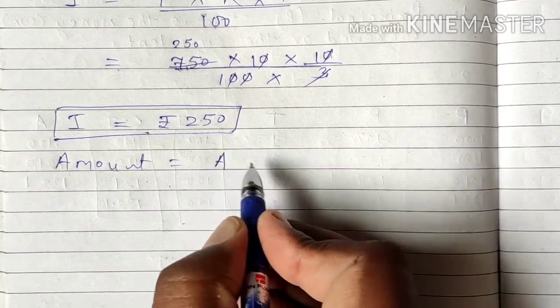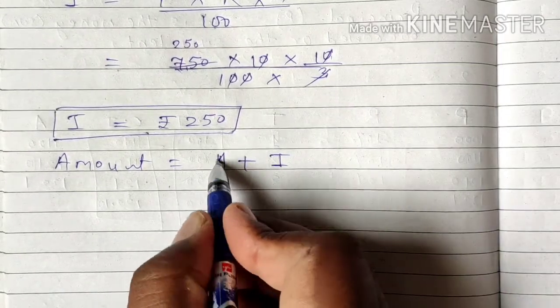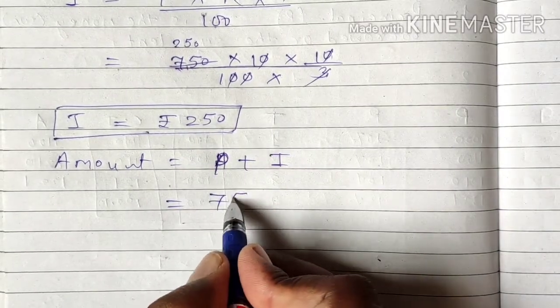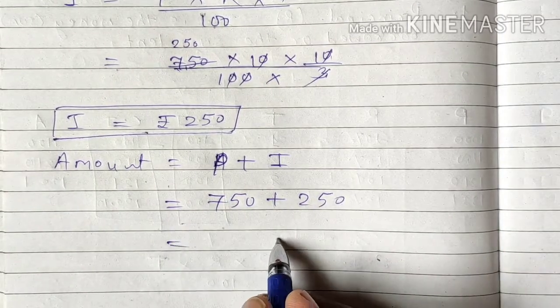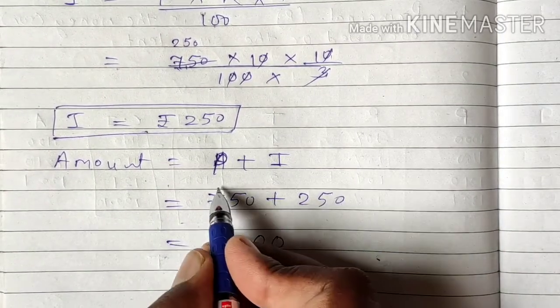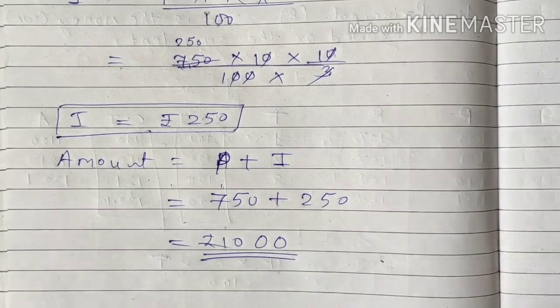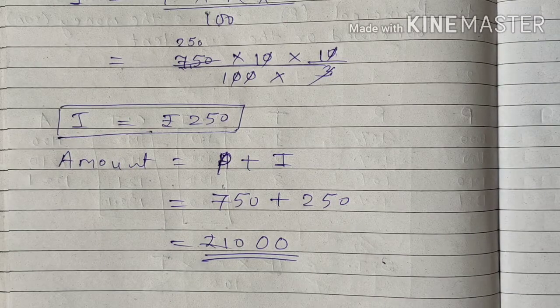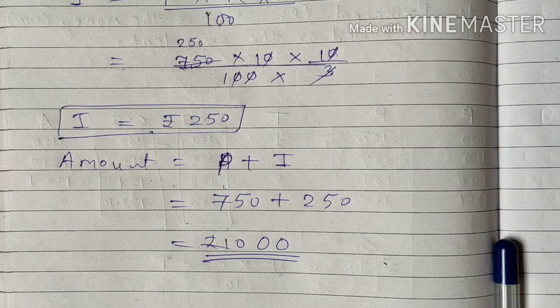Here the amount is principal plus interest. The principal is 750 and the interest is 250. The addition gives us 1000 rupees as the amount. Okay, I hope all of you have understood this.